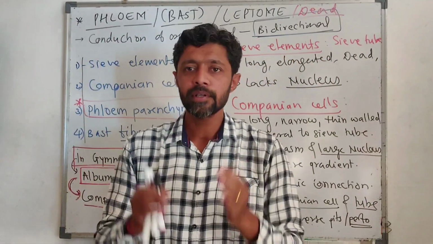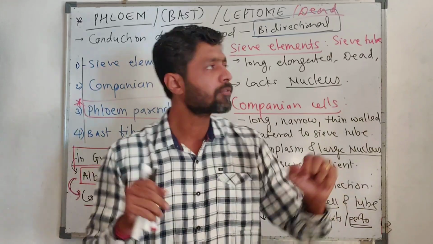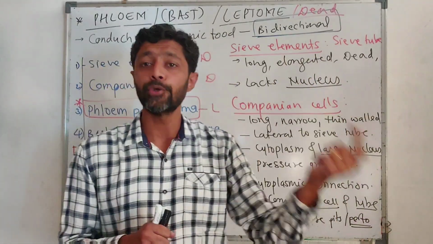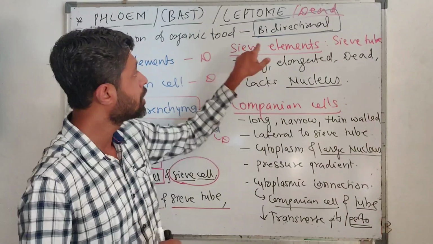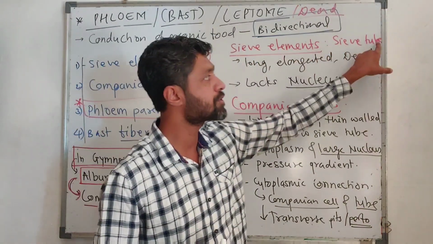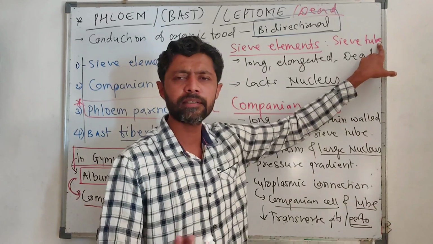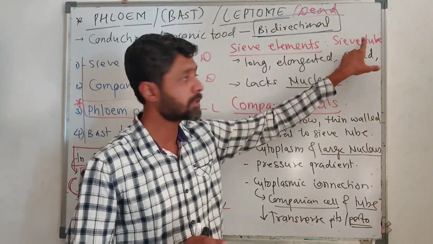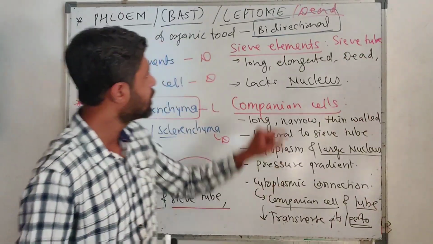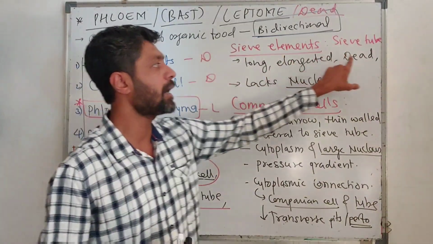As I have told you, sieve element is comprised of sieve cells and sieve tubes. Here we are considering angiosperm. In angiosperm there is a presence of sieve tubes and sometimes sieve cells as well. These sieve elements, rather sieve tubes, are long, elongated and dead.